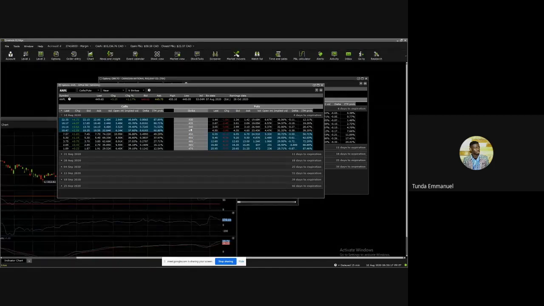Now, the thing to understand is that something out of the money is still a little bit lower in price than something at the money or already in the money. All these in-the-money contracts are even overpriced right now.